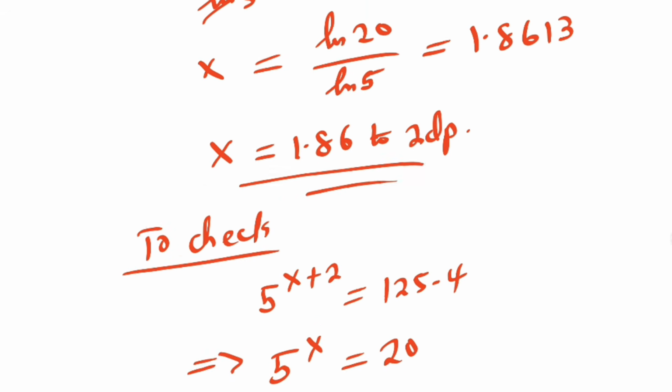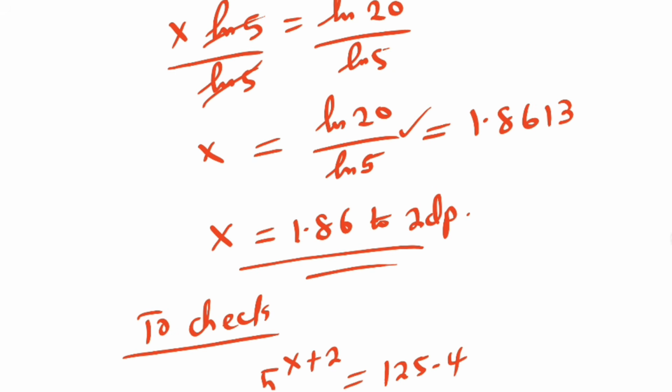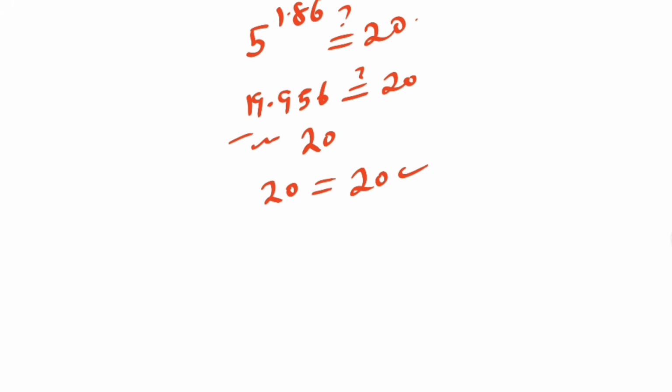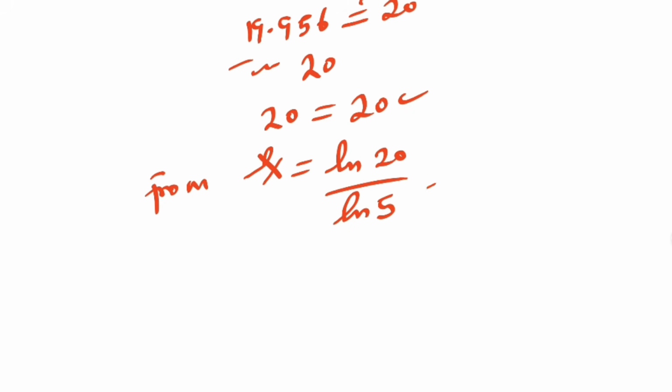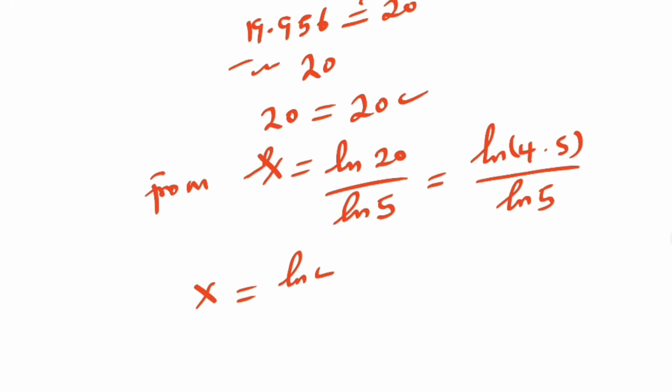But if you want to express this further without using a calculator, then we have from x is equal to ln of 20 over ln of 5. This is equal to ln of 4 multiplied by 5 over ln of 5. Then x is equal to ln of 4 over ln of 5 plus ln of 5 over ln of 5.